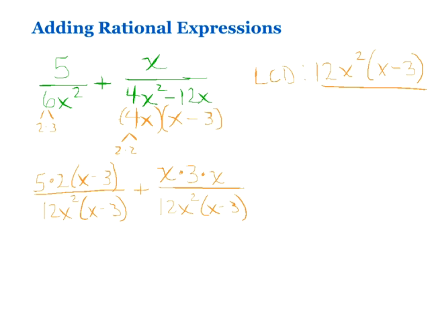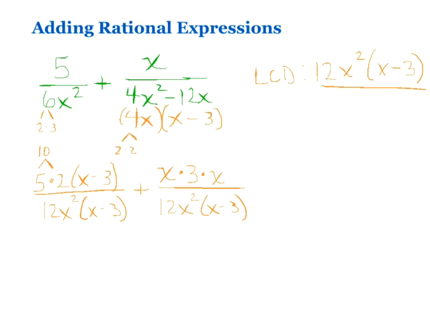All right, so now it's time to simplify and combine. What I would recommend is in the next step, you do two things at once. We're going to simplify each of these numerators and combine them all into a single numerator all the way across. But when you do this, I would still recommend that you put each numerator in parentheses. It's just a good habit to get into, and I'll show you why in just a minute. So here we have the 5 times the 2, which is going to give us a 10.